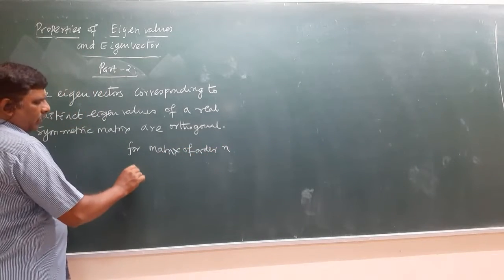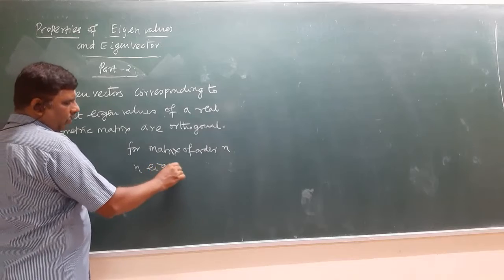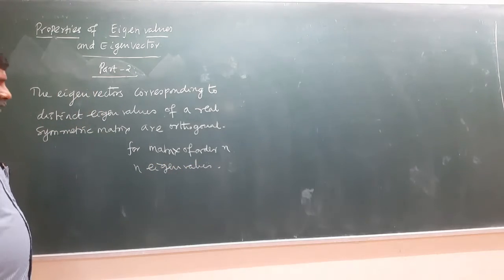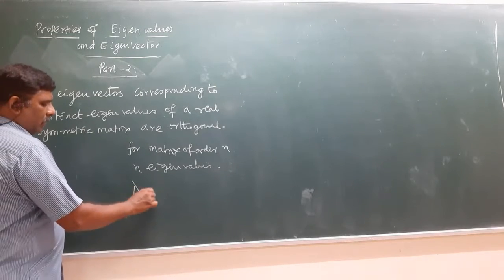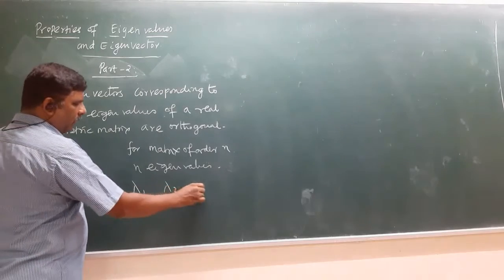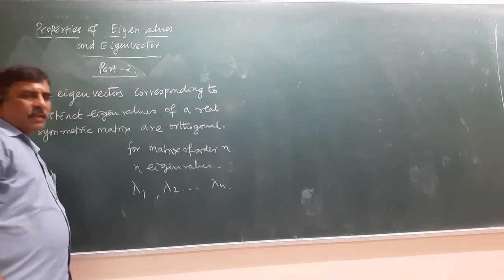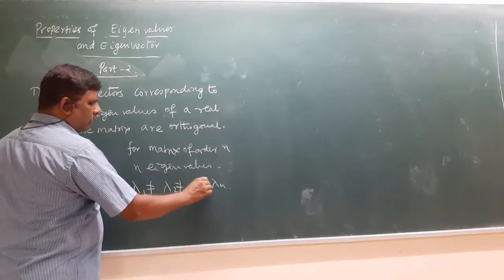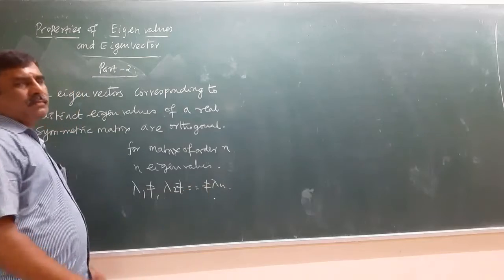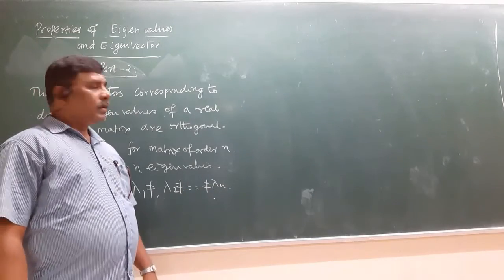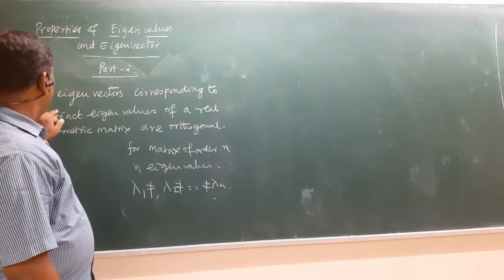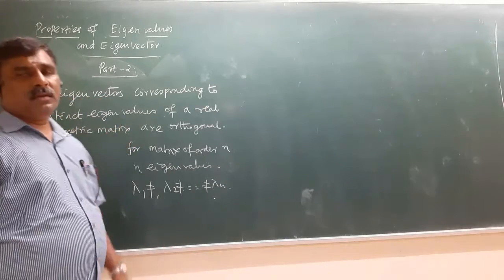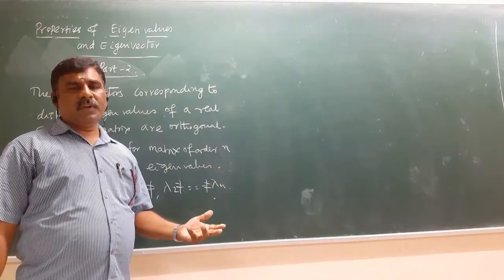We will get the n eigenvalues. Distinct eigenvalues means lambda 1, lambda 2, ..., lambda n are the n eigenvalues, all not equal. Then their eigenvectors are orthogonal.